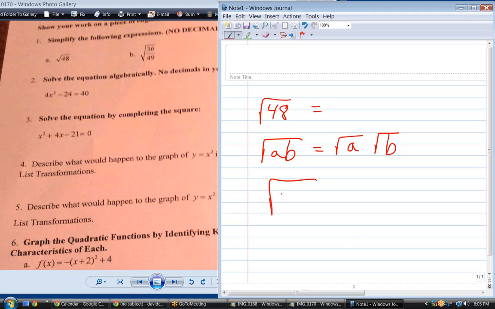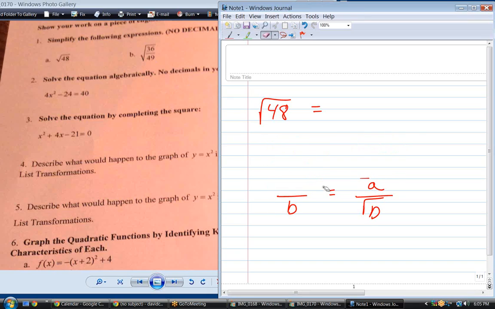Likewise, if I'm dividing a by b, and taking the square root of that quotient, I can separate that into the square root of a divided by the square root of b. Okay? So these two rules are really critical with handling all of these kinds of problems.